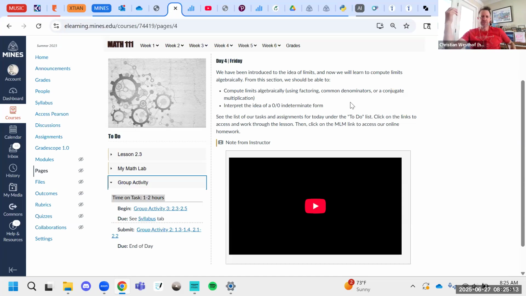And then it's this question of, at what rate do they get there? Does the numerator win the race to 0, or does the denominator win the race to 0? And how does that affect the overall limit? You're going to determine that through some algebraic concepts, either by factoring, common denominators, or using a conjugate through multiplication. And this is more algebra intensive.